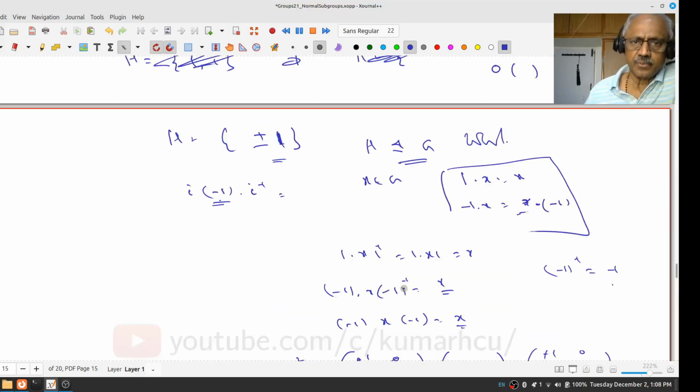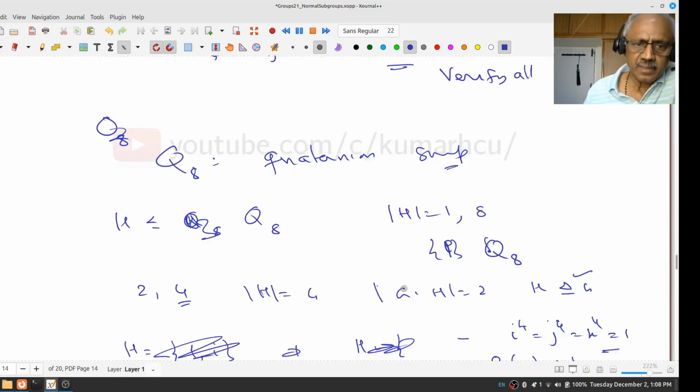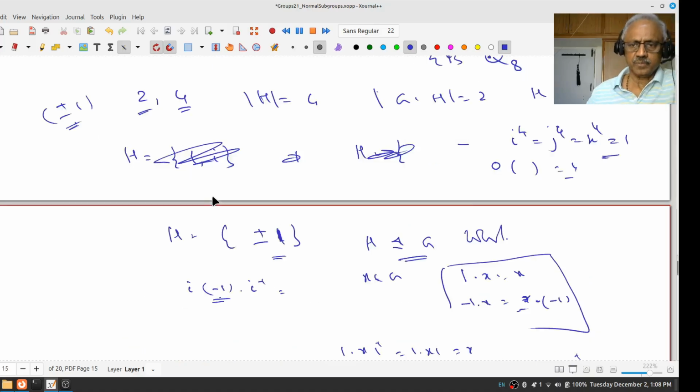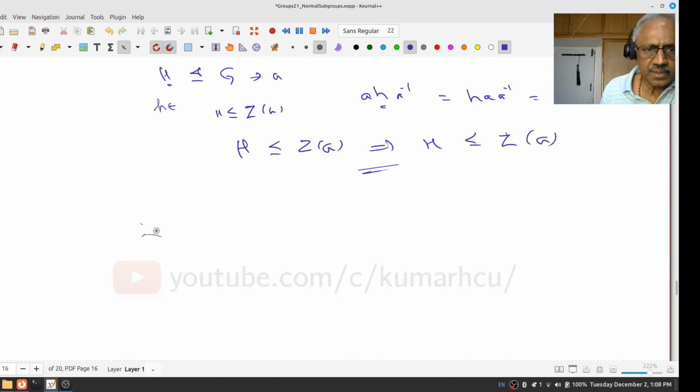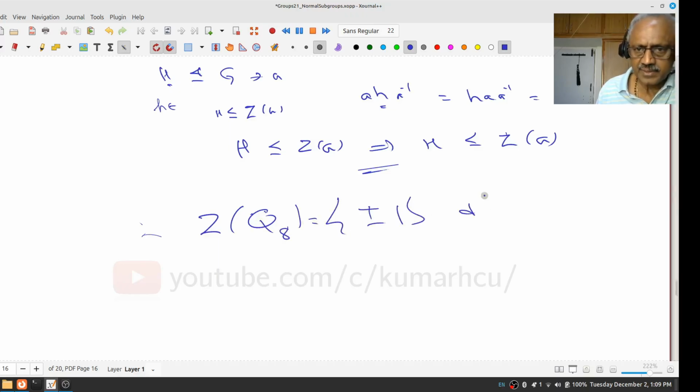Now go back. The only subgroup of order 2 is plus or minus 1, and it is in the center. It is the center of the quaternion group. Please check all those things. The center of Q8 is plus or minus 1, and hence it's normal.